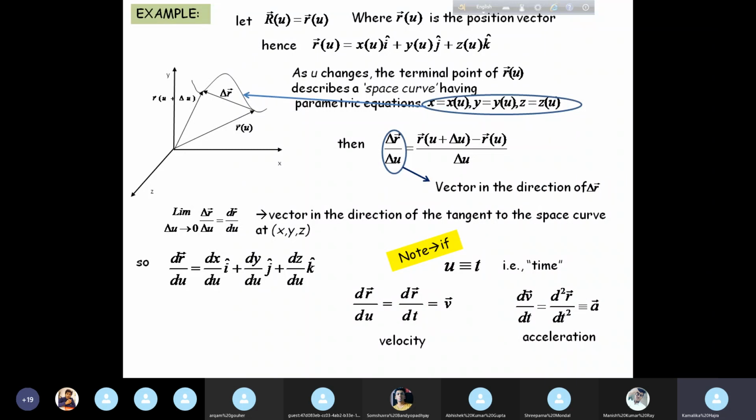So the term u that we were vaguely using so long now gets a meaning when I give you an example that under some special circumstances it might be the time variable. And if u is the time variable, then the derivative of the position vector with respect to it will give us the velocity. The second derivative will give us the acceleration, and so on. So this is the actual meaning of differentiating a vector with respect to a certain parameter on which it depends.